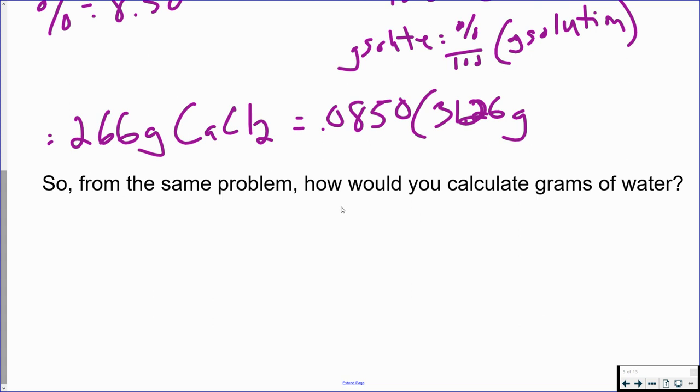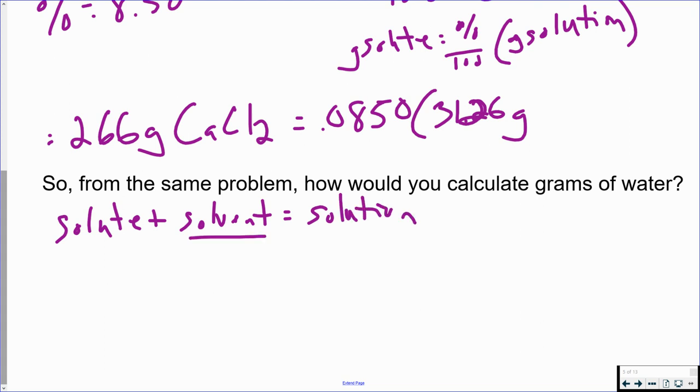All right, the last one on here, it says calculate the grams of water. Well, remember, solute plus solvent equals solution. So we're trying to find the solvent. So it's really easy.